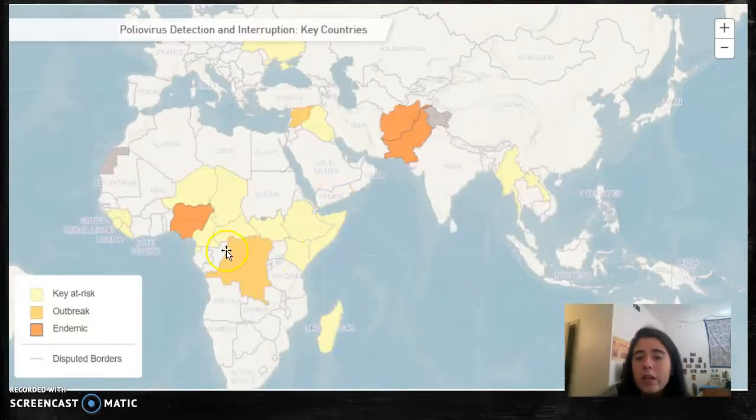Now, there are 3 endemic countries: Afghanistan, Pakistan, and Nigeria. Outbreaks are still occurring, but we have 16 cases worldwide left of the polio virus. And these countries in yellow here are at risk for polio spread, but do not have cases shown today.